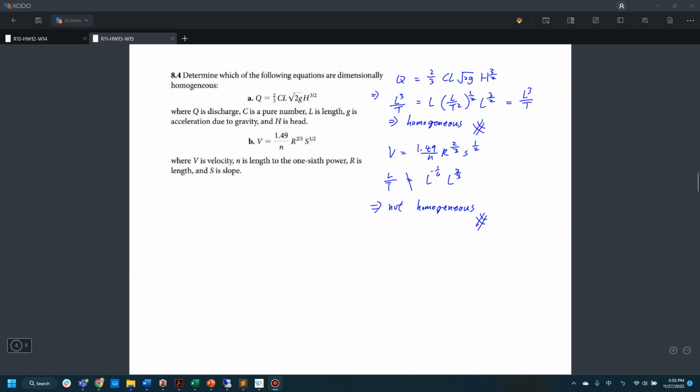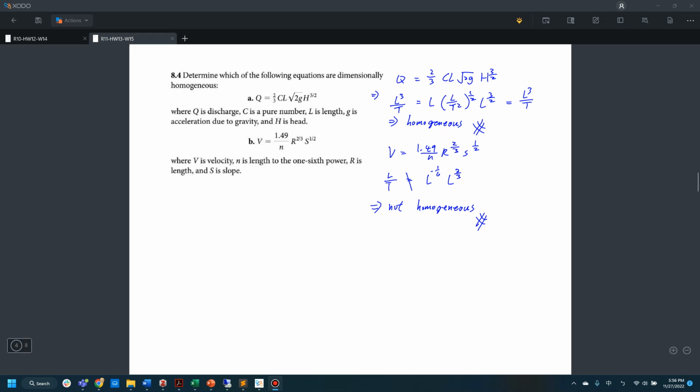Okay, we can do similar things for equation B. V is length divided by time, 1.49 is a number, M is L to the power of -1/6, and R is the radius, so it has a unit of length to the power of 2/3.